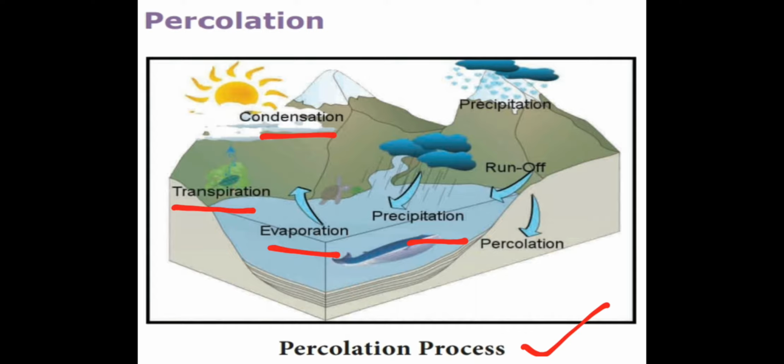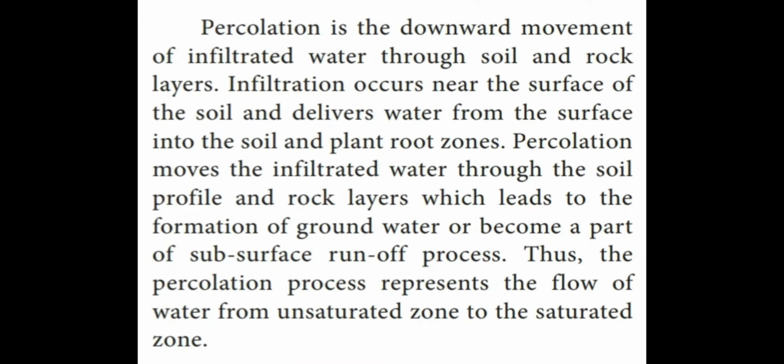So runoff water, precipitation, percolation. Fine. Percolation is the downward movement of the infiltrated water through soil and rock layers. What is percolation? Percolation is downward movement of infiltrated water through soil and rock layers.